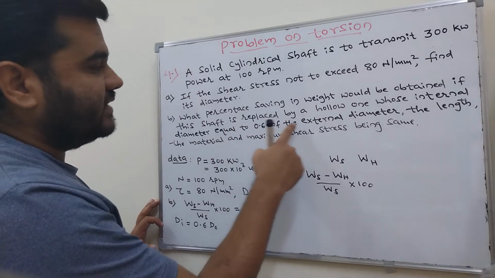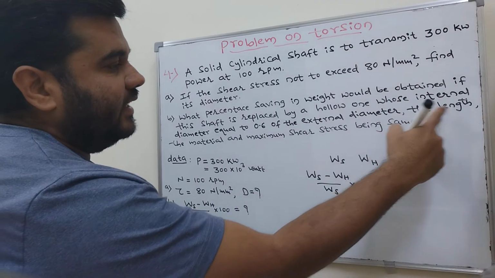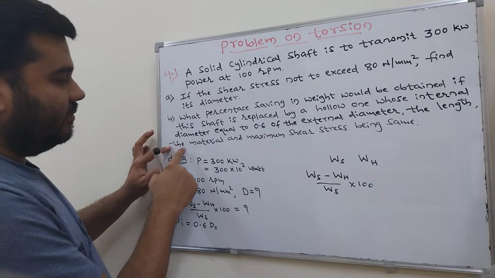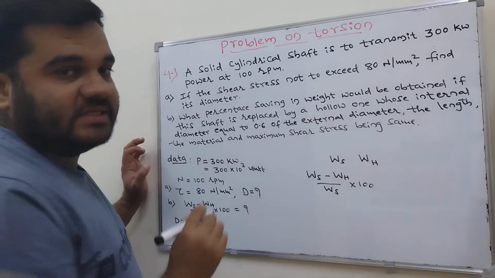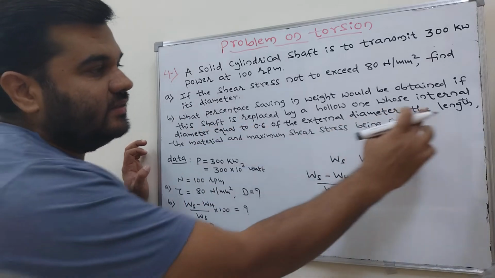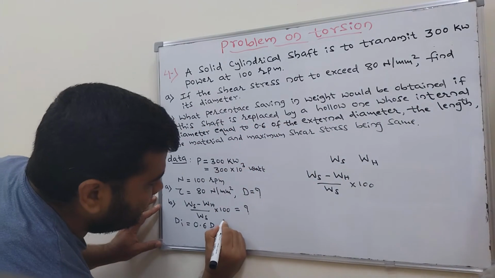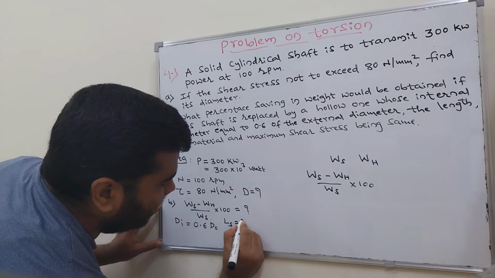Okay, 0.6 of the external diameter, the lengths are the same, the material and the maximum shear stress being the same. For both hollow and solid, the lengths are the same. So I'll write here: length of solid shaft equal to length of hollow shaft.